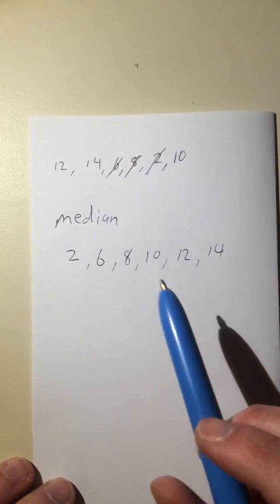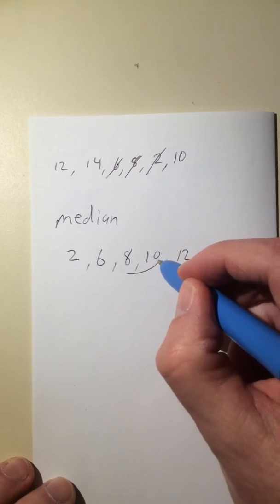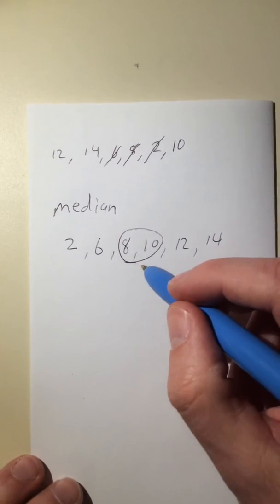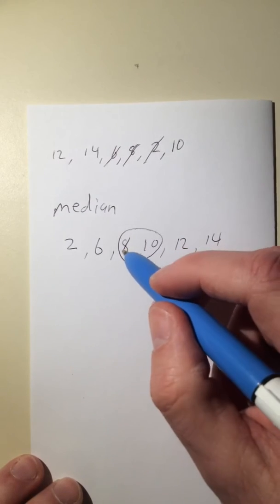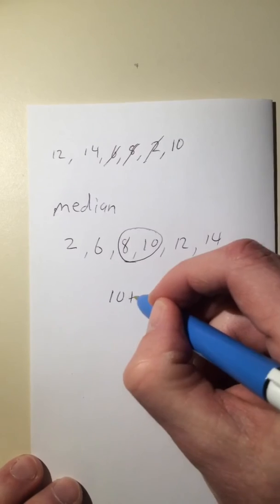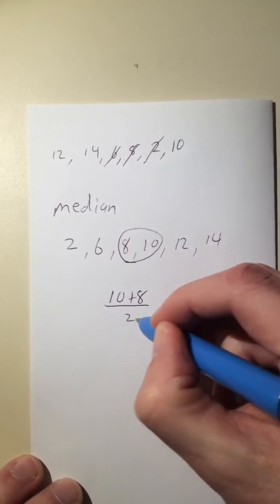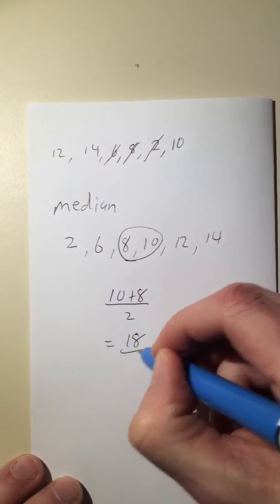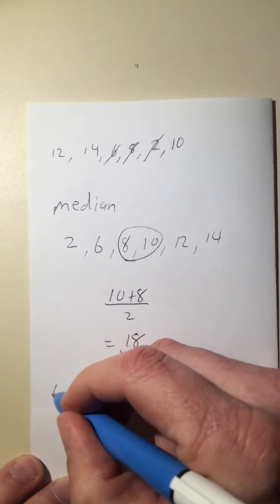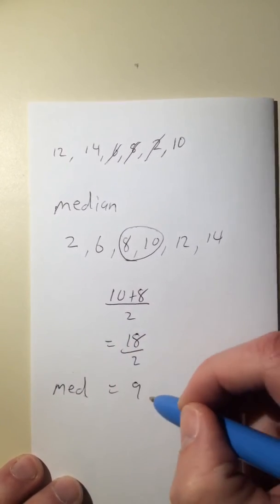and we have actually 2 numbers in the middle, these are our 2 middle numbers, we take the average of the 2 middle numbers. So of course, finding the average means just to add them up and divide by 2. So we got 10 plus 8 over 2, which is 18 over 2, which is 9. So the median is 9.